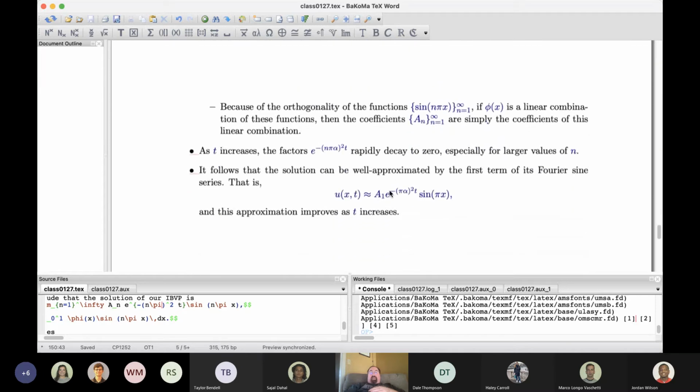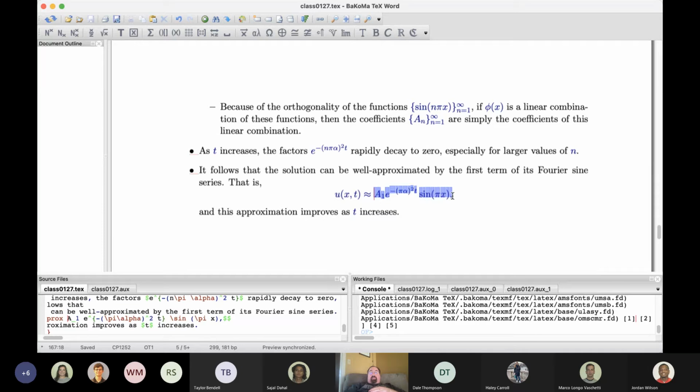This term right here, the first term of that Fourier sine series, is a reasonable approximation of a solution, and especially so as t gets larger. So this could be helpful in understanding in a qualitative sense how the solution behaves as a function of x and t.